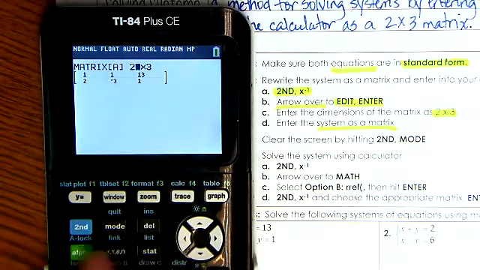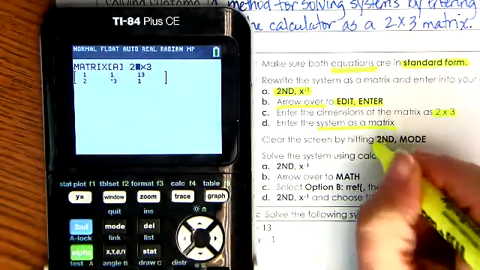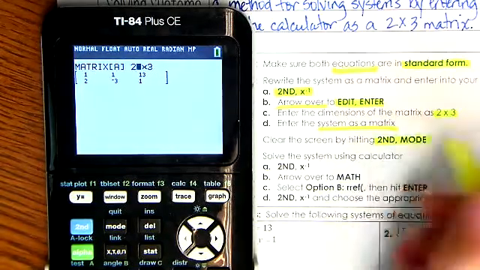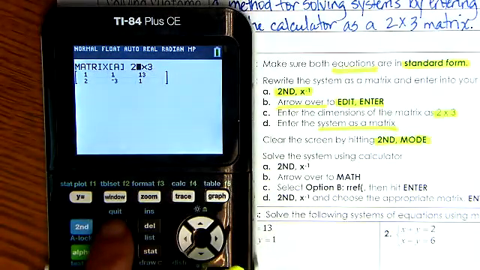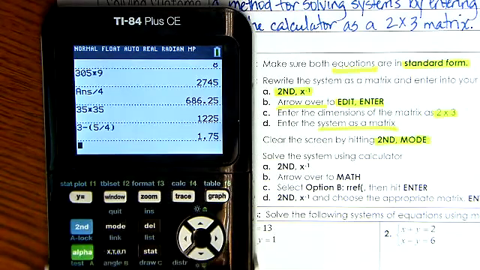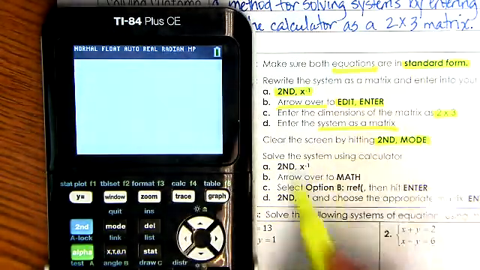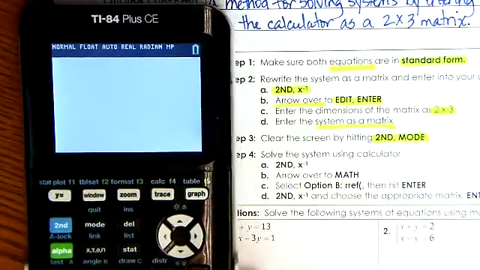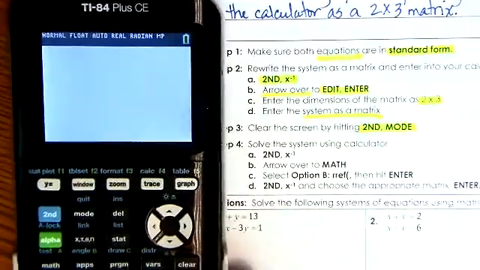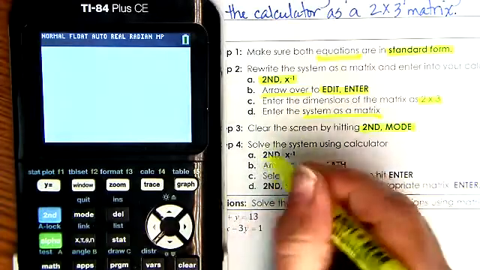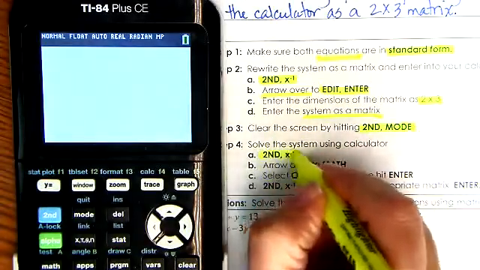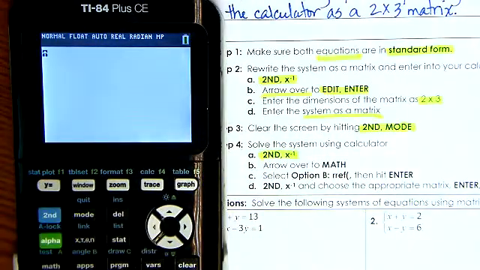And then after we've done that, here's an example of one right here. Okay, so I'm going to go back and I'm going to hit second mode, because notice the word quit, so I want to get out of what I'm doing. So I hit second mode to quit. You can use that for several things. Okay, now we're at step 4 and we want to solve it. So we go back into the matrix system. So I hit second matrix.